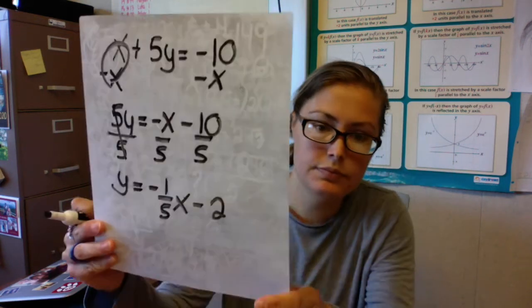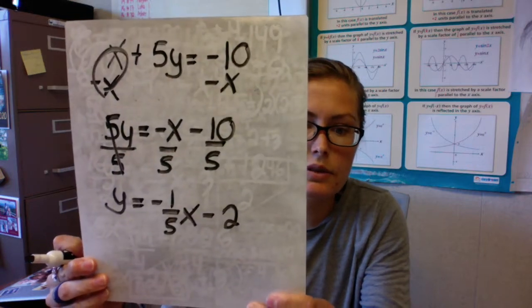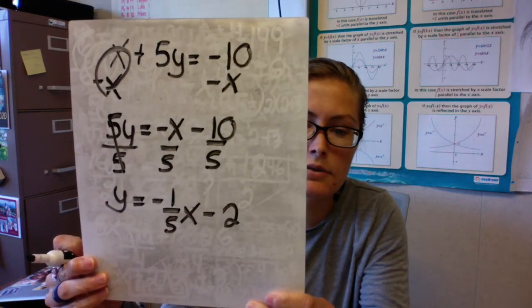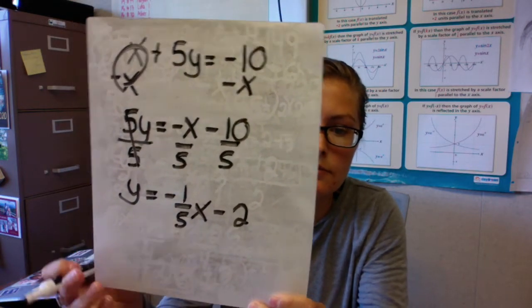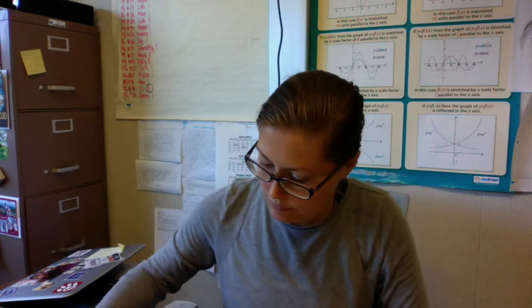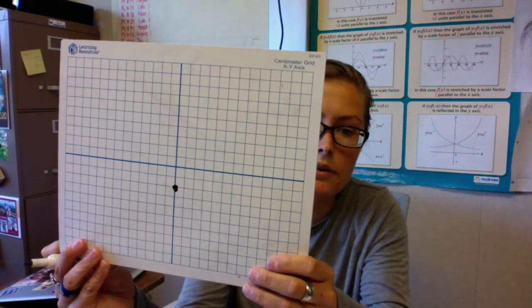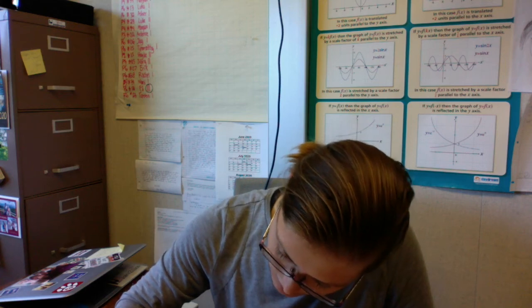And we get y is equal to negative 1 over 5x minus 2. So we're going to start at negative 2, go down 1 to the right 5.